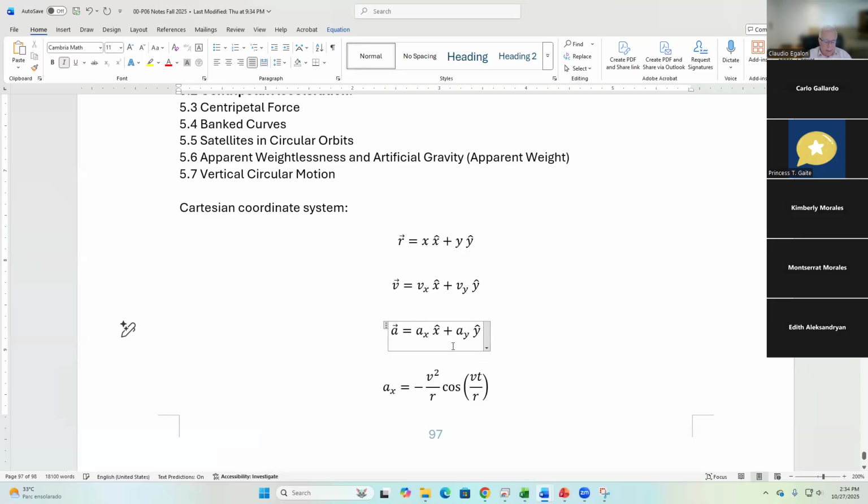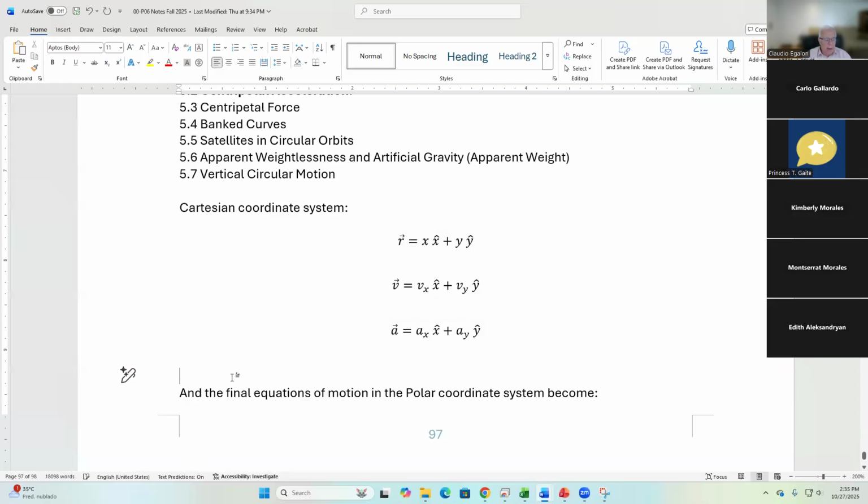And let's not forget that we are going to have a negative here. You know what? Don't put a negative sign, because Ax and Ay were given before. We already have a negative sign implicit right here, and also right here. All those components can be either negative or positive.